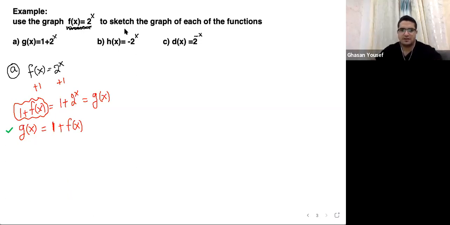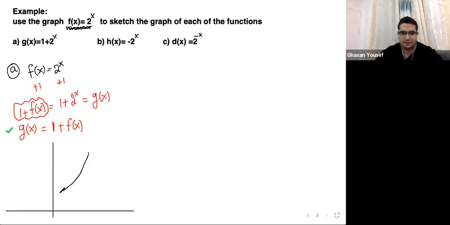So here is my Cartesian plane. This is my function f of x. The curve gets close to the x-axis, but it will not touch the x-axis. This point is 0, comma 1. This is my f of x equal 2 to the power x.